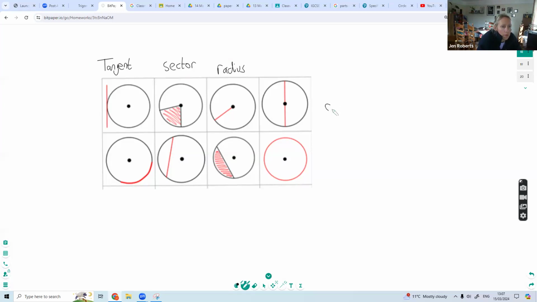Diameter. Arc. Chord. Segment. And circumference.